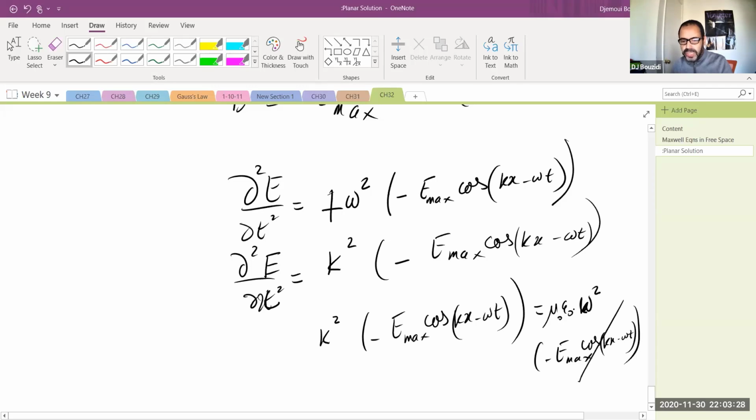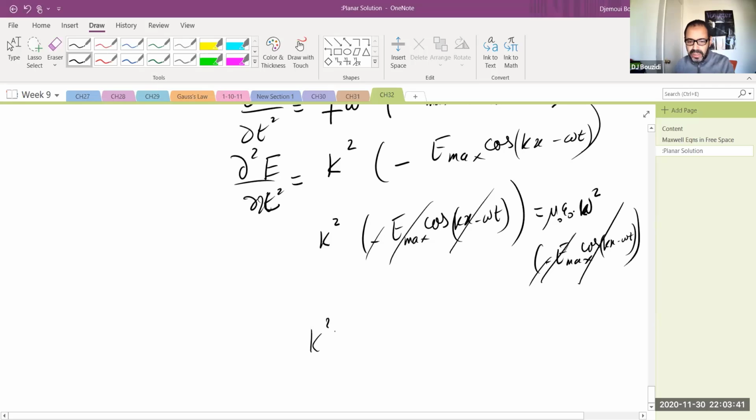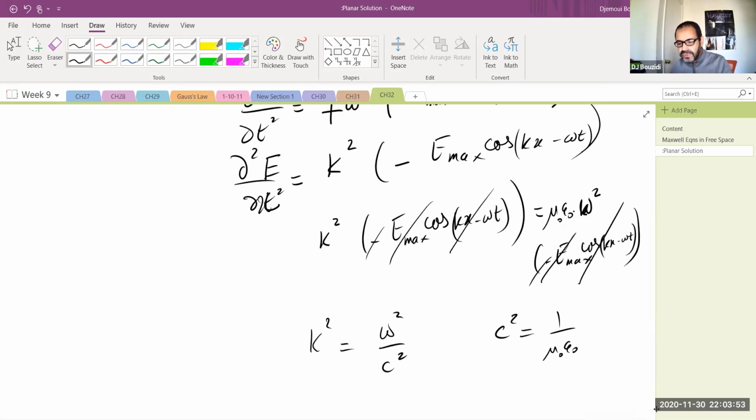This thing cancels all the time, no matter where you are in space and where you are in time. E max cancels, the minus cancels, and what you are left with is k squared equal to omega squared over c squared. Remember, c squared is equal to 1 over epsilon naught mu naught. Of course, k and omega are both positive.